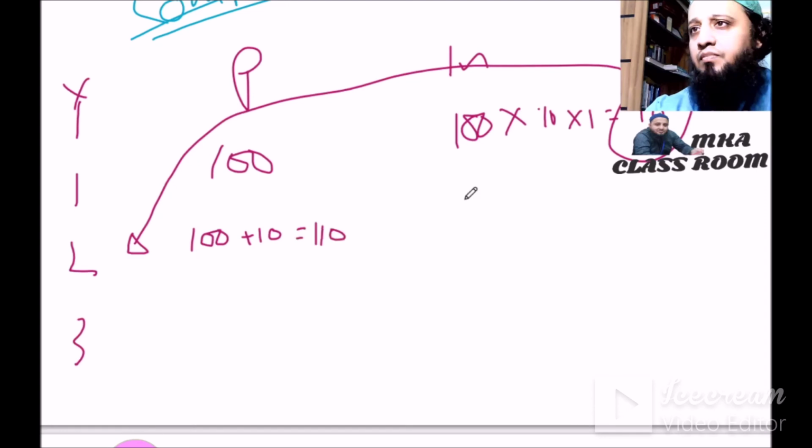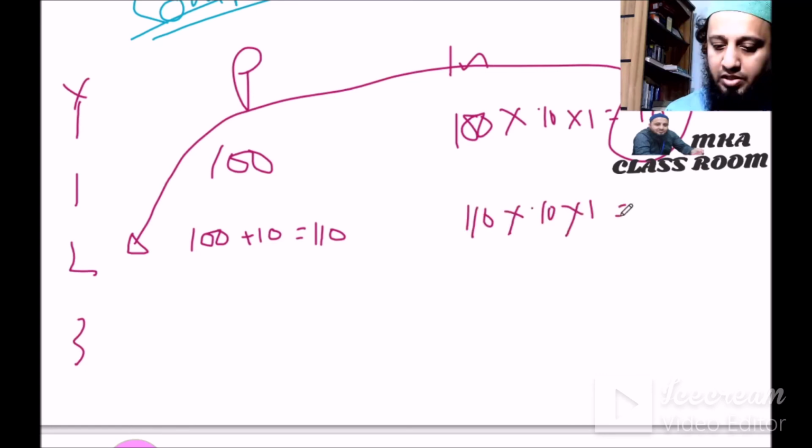Now the interest calculation should be 110 into 0.10 into 1. You can calculate it by hand: 110 into 0.1 into 1, that is 11 taka. Your interest is now 11 taka.